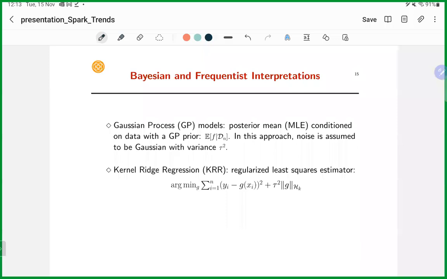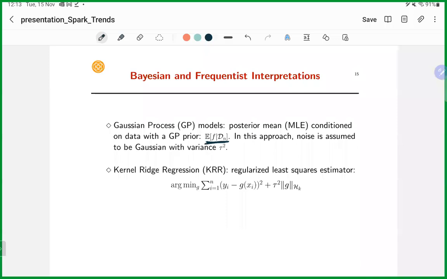Just a quick note, because this will appear later in the talk: there are two interpretations for what we did in these slides. One is the Bayesian interpretation, which assumes there's a Gaussian process prior for the unknown function. Then the prediction is the posterior mean or maximum likelihood estimate, basically the expected value of f conditioned on the data.